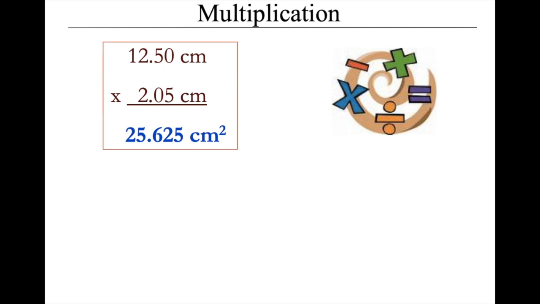Well, if we look at our first measurement, 12.50, that has 4 significant figures. And our second measurement, 2.05, has 3 significant figures. So the least number of significant figures out of the 2 measurements is 3, and so as a result, we are going to round to 3 significant figures.